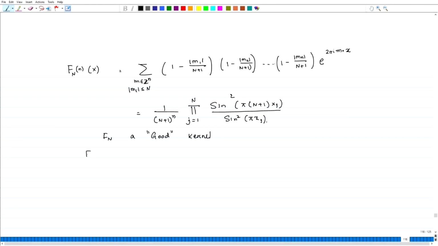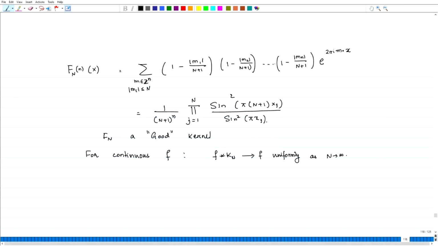and for continuous f, f convolution of K_n converges to f uniformly as n goes to infinity.